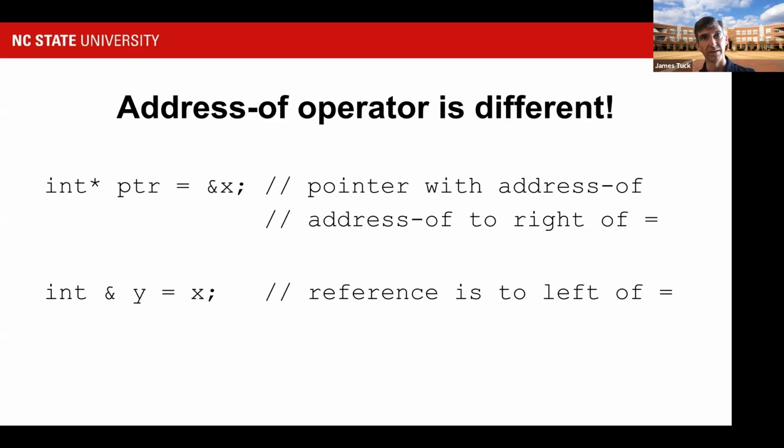It's on the right side. And this means this pointer gets this address. Pointer gets the address of x. Okay, but when I have a reference, the ampersand is between the type and the variable name. It's on the left side of the equal sign. And I'm saying y is a reference and it's always referencing x. And you'll note that here I don't need to take the address of x. The compiler knows that I want to link y to x.